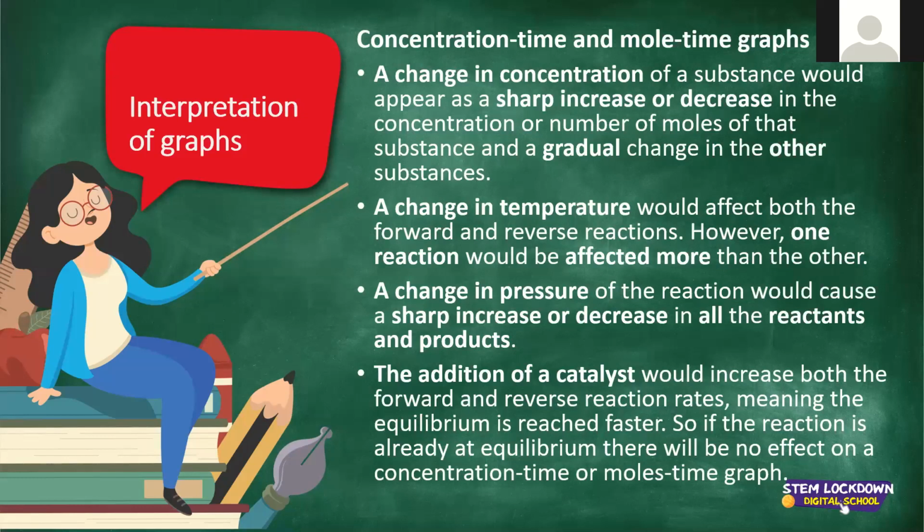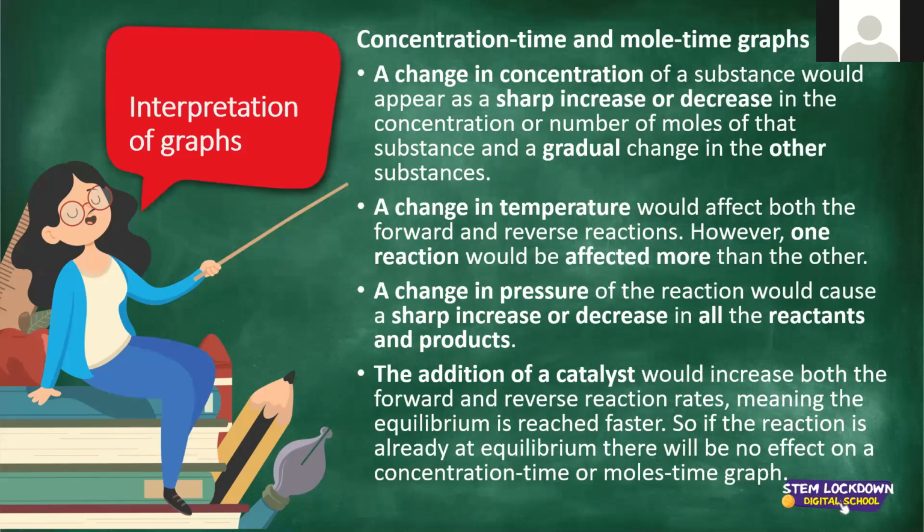Then on your graphs, if there's a change in pressure, it would almost look like a concentration one, where there's the sharp increase or decrease, but it's in all of your reactants or all of your products. Remember, when you're increasing pressure, you're increasing it on the whole system, and when you're decreasing it, it's on the whole system. And then the last thing is when you add a catalyst to your system.